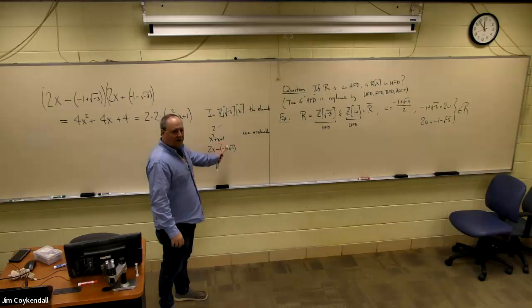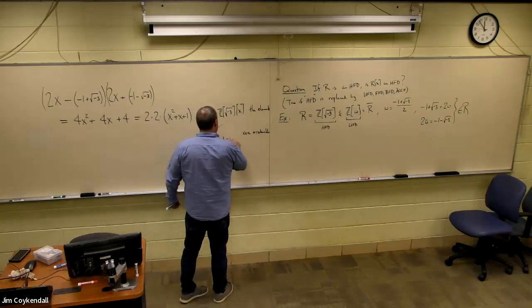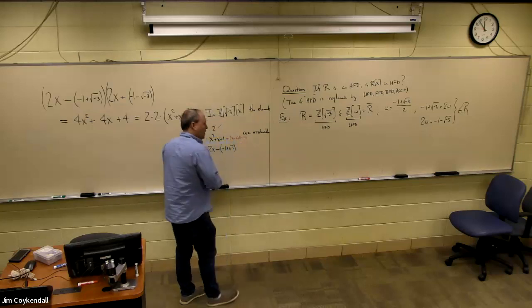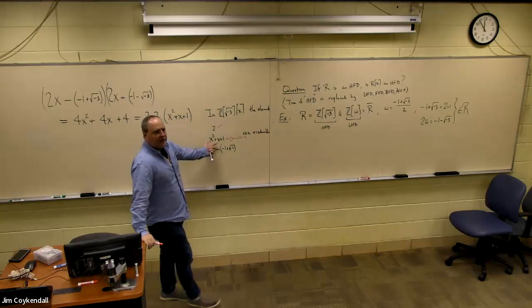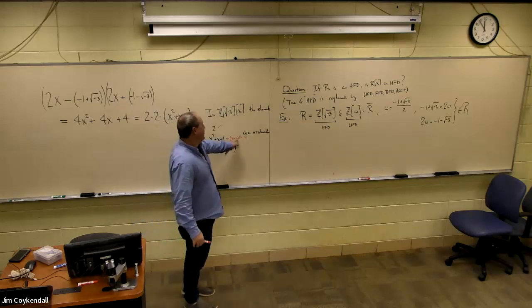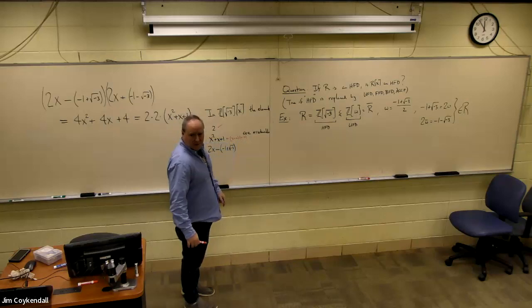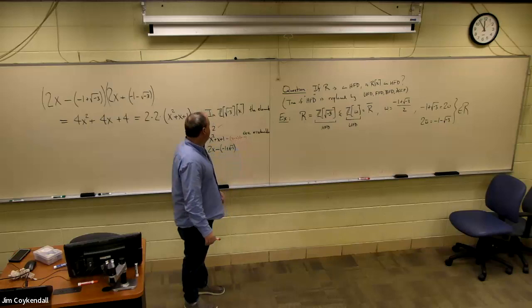So you would have to factor this into two monic polynomials, right? This would have to be x minus a, x minus b, right? But of course, this factors uniquely over Q, right? In fact, I can tell you what the factors are. It's x minus omega, x minus omega bar, right? That's what this factorization has to be to reduce.